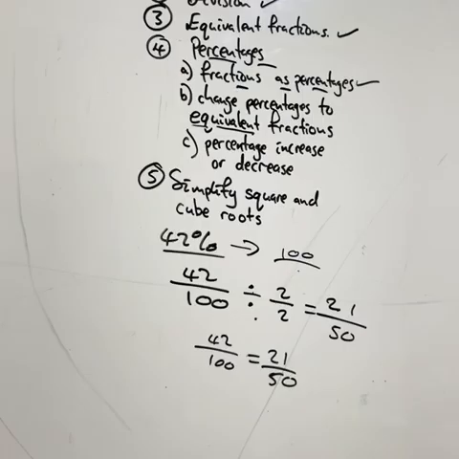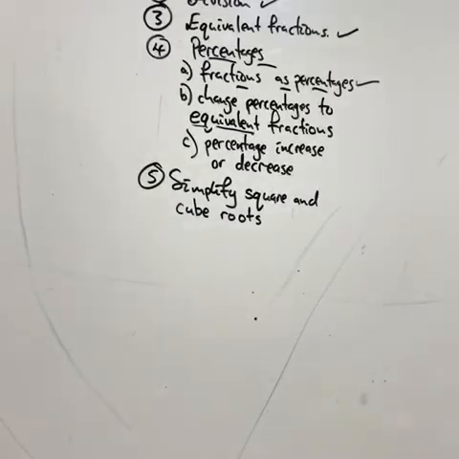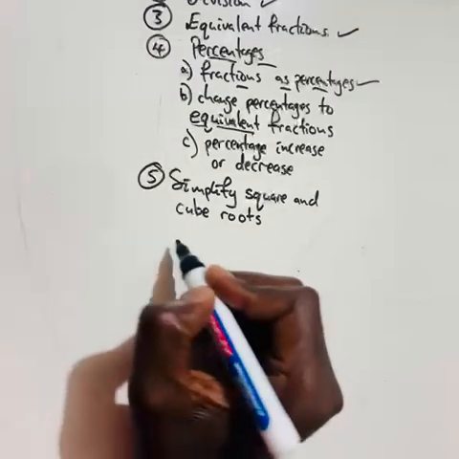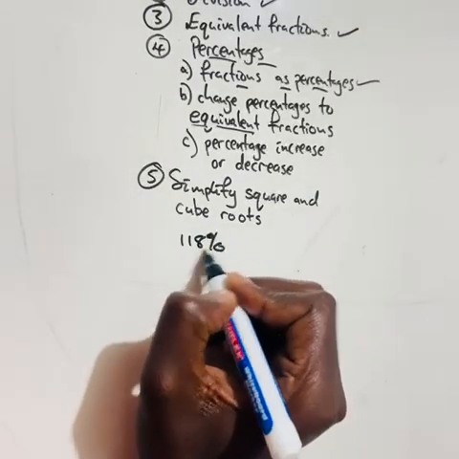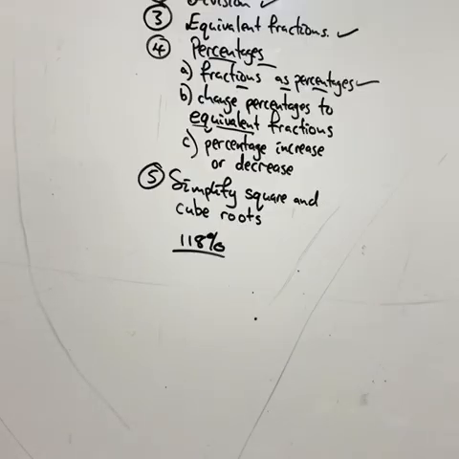Let's explore another question with regards to this. Now this time around we are given what? 118%. So we come here and we say we have 118%. They've asked us to represent this as a fraction, but not only one fraction.